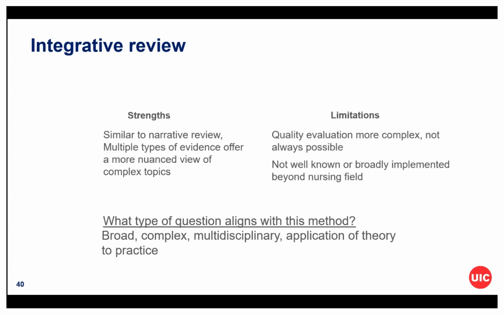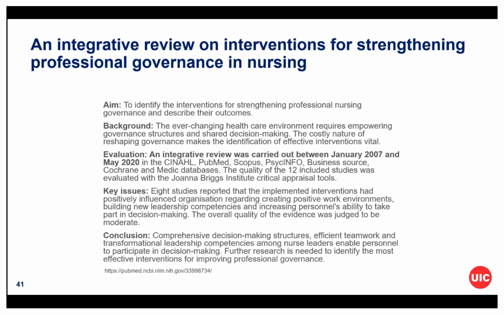The strength is that you can include different types of evidence, but in terms of the limitations, you can't always do an evaluation of that, and for the most part it is focused mostly in the nursing field. I think it could work in other fields too. But that's just in terms of the limitations. And here's an example of an integrative review that was conducted. They actually looked in several different databases here.